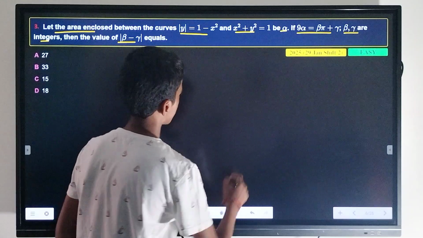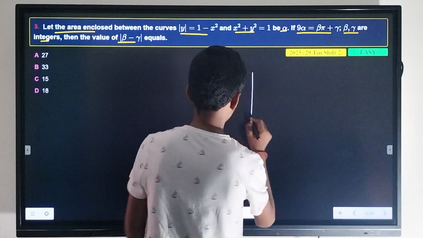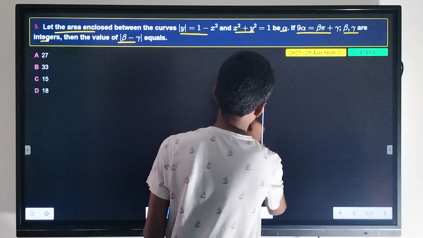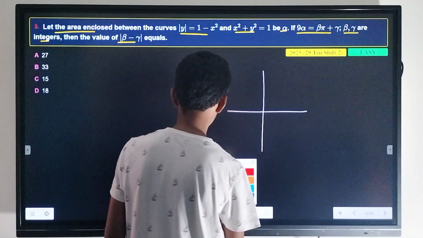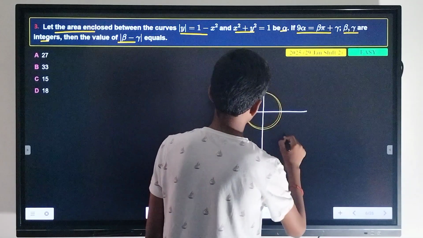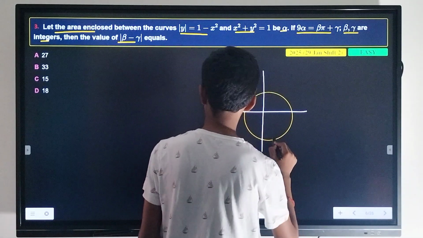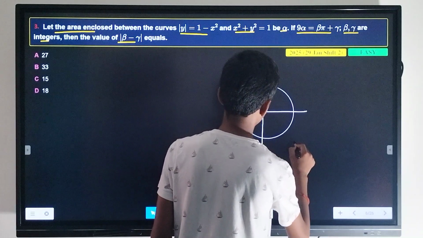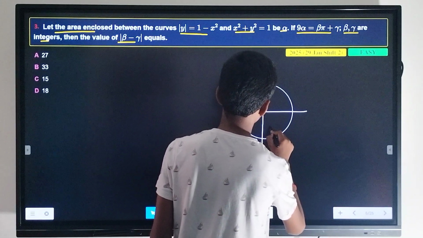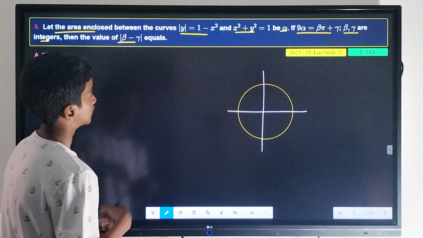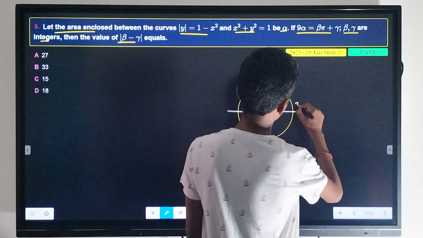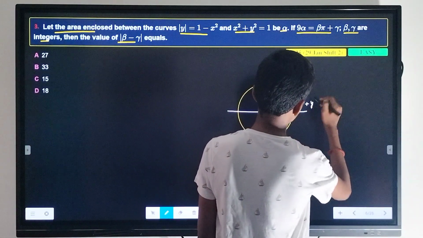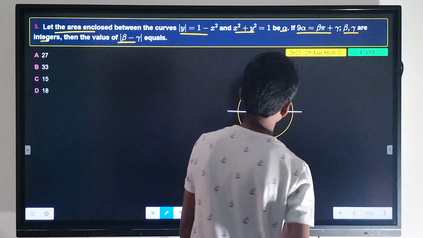So first of all we will draw these two curves. These are our coordinate axes. This is a circle. So let's say this is our circle, x square plus y square is equal to 1.